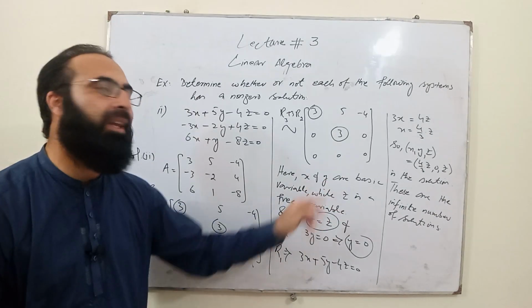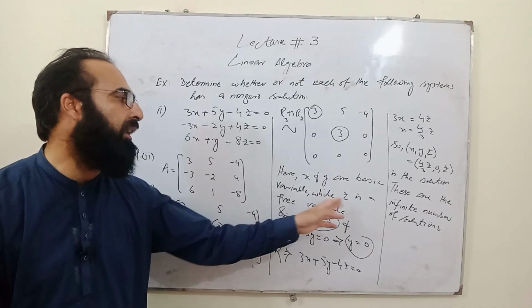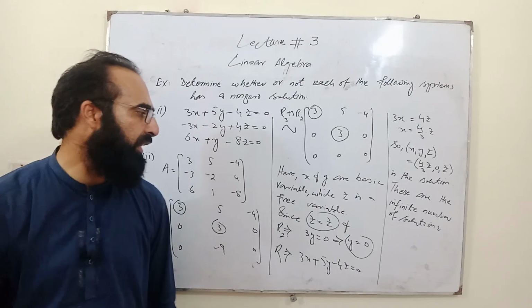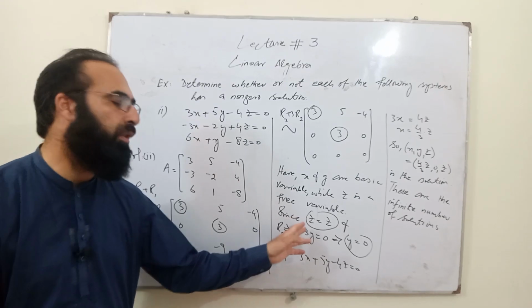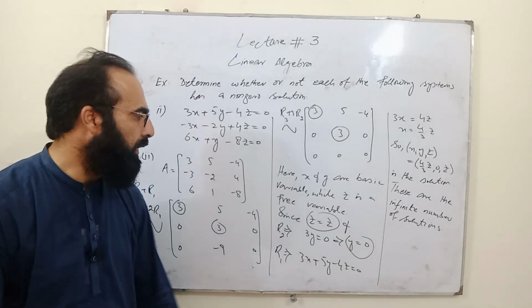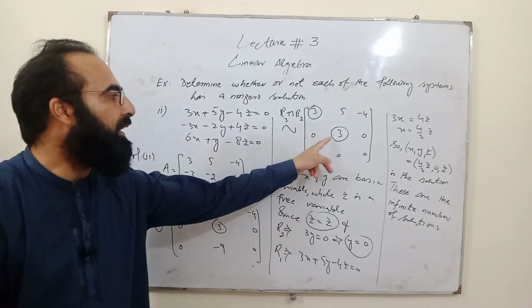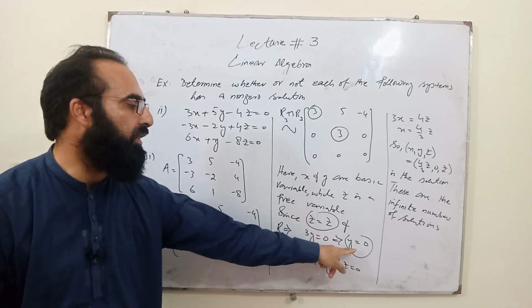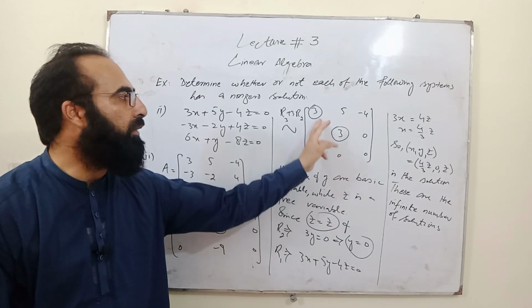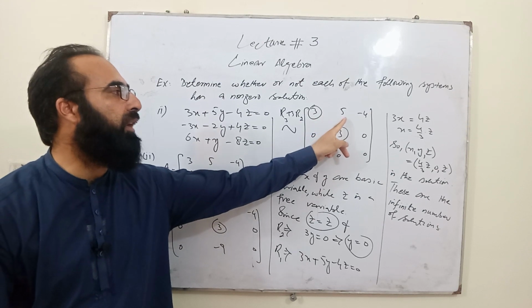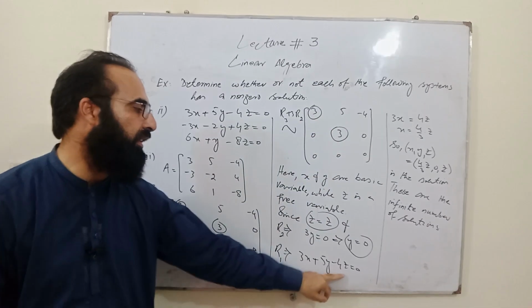So x and y are the basic variables, while z is a free variable. In case of a free variable, we take z equals z. And from the second row, we get 3y is equal to 0, which gives us y is equal to 0. And from the first row, we get 3x plus 5y minus 4z is equal to 0.